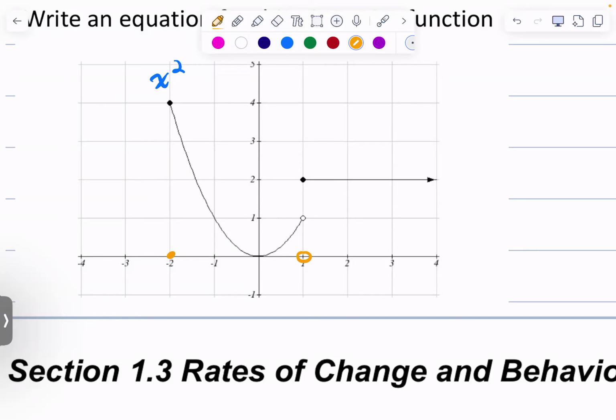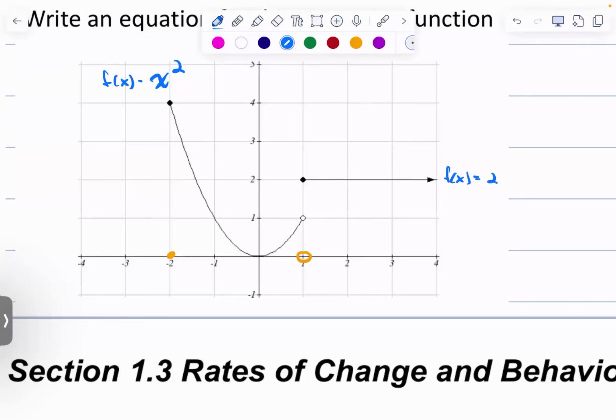But then another function takes over. What's this function? It doesn't care what x is, it'll always be 2. So this is going to look like f of x is equal to 2.